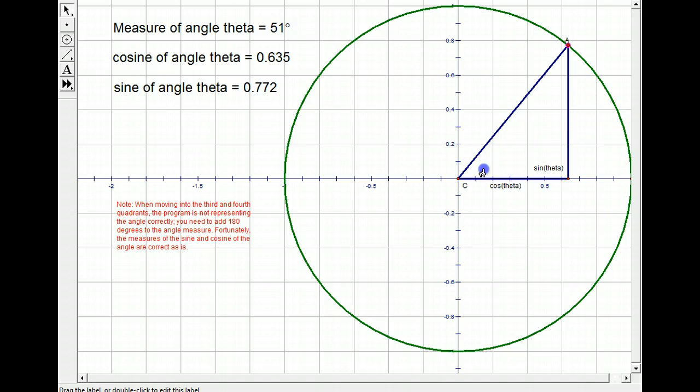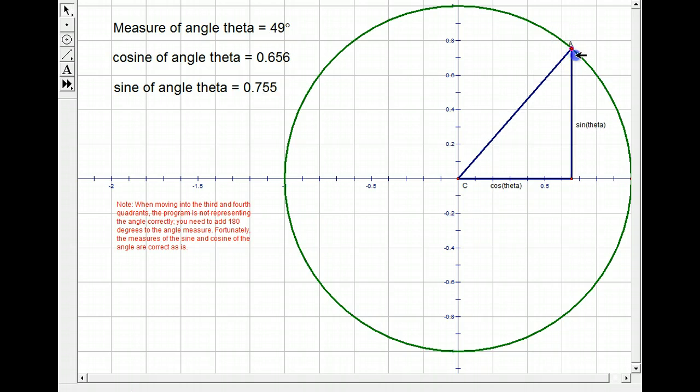So if you look over here, you have a certain angle. In this case, it looks to be maybe 50 degrees-ish. This isn't on any piece of paper right now. But the sine of that angle is going to be the height of the triangle in the unit circle.